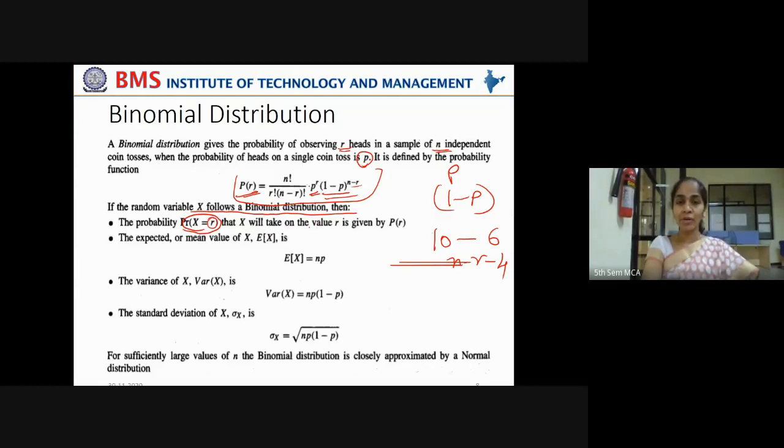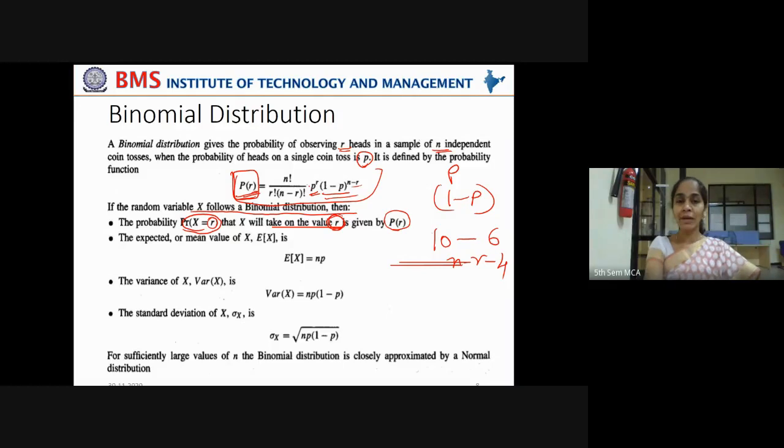That x will take on the value r, that is 6 in our example, is given by the probability of r. That is why we are writing it here, probability of r. You're trying to find out what would be the probability of 6 heads out of 10 coin toss experiments, or what is the probability of 8 heads out of 10 coin tosses experiment.